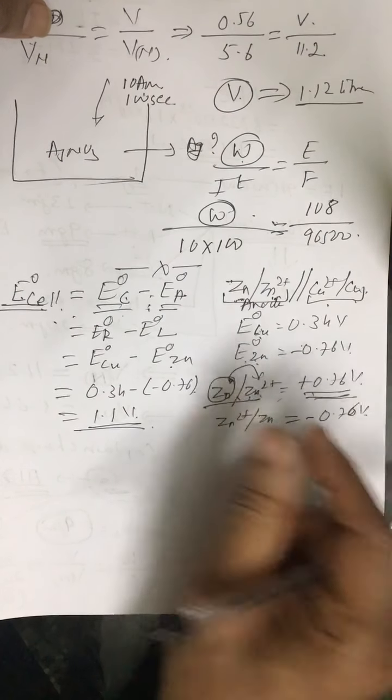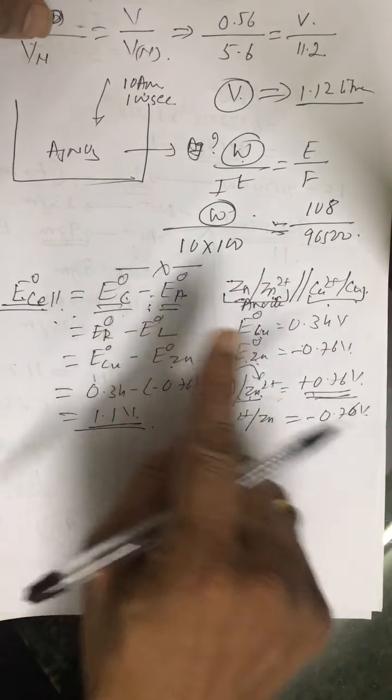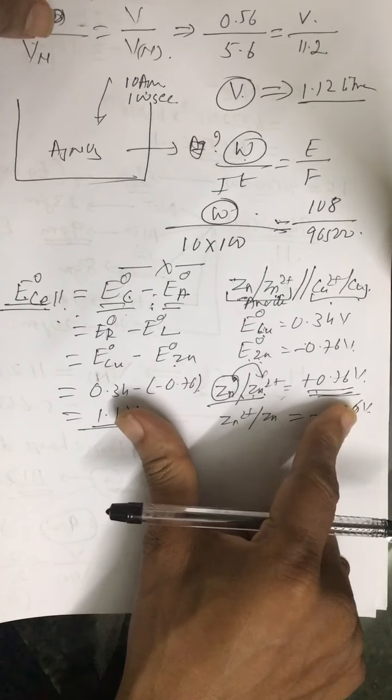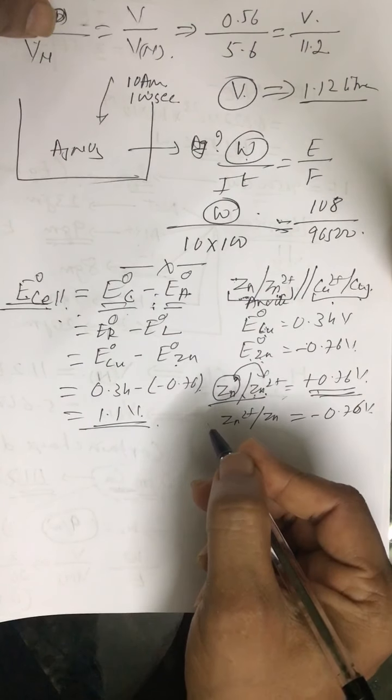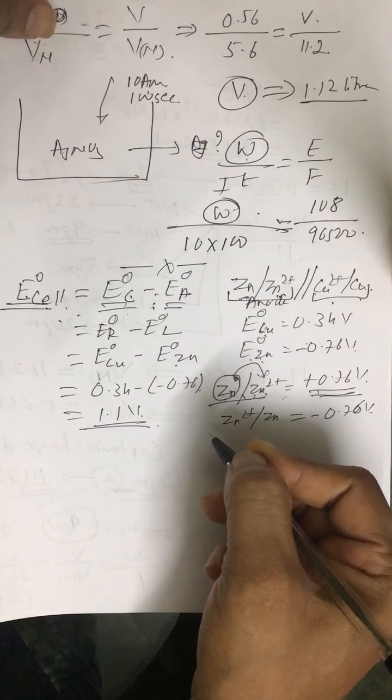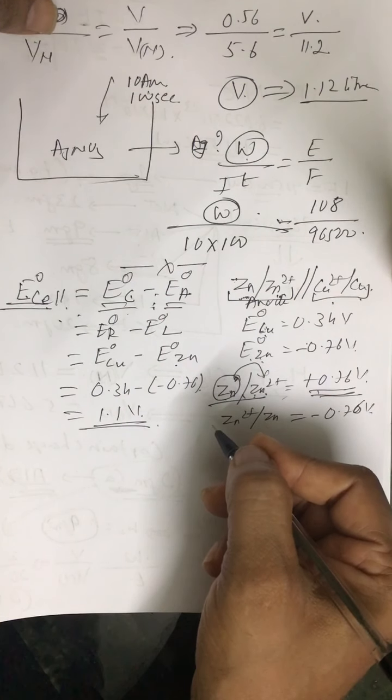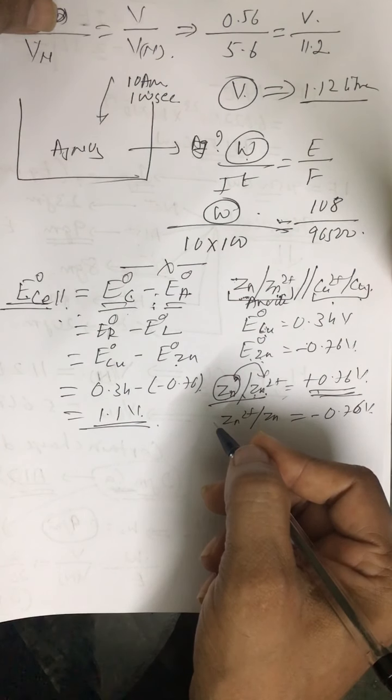Point is clear. This we discussed in 11th standard about E0 cell. If E0 cell is positive, we say the cell is a good cell and cell reaction is spontaneous.